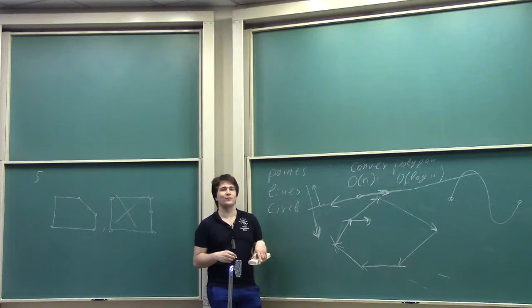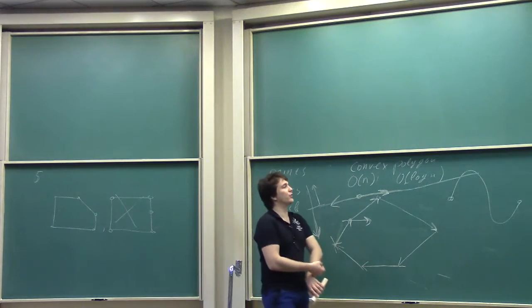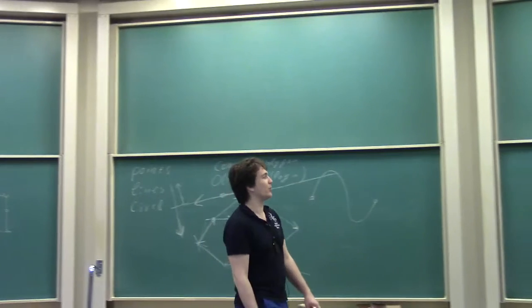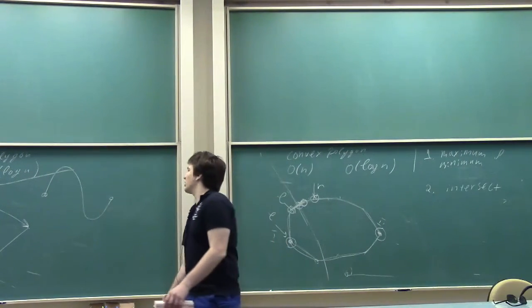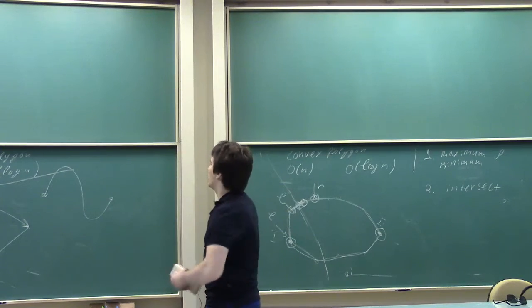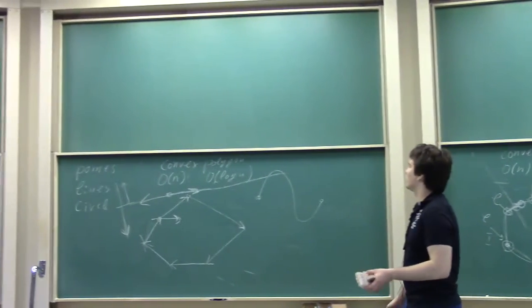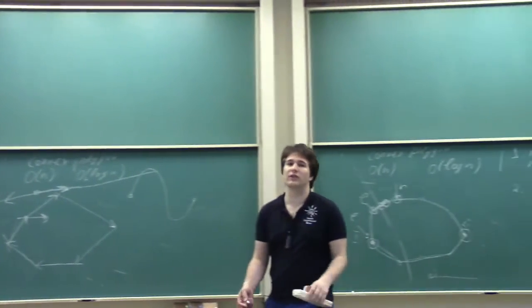Okay, so that's it. You need to do binary search 4 times to find intersections. There are different approaches, but I'm telling you the fastest I know, and I think it's also pretty easy to understand.